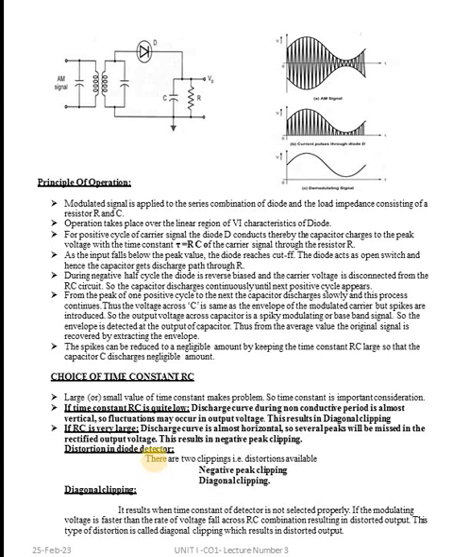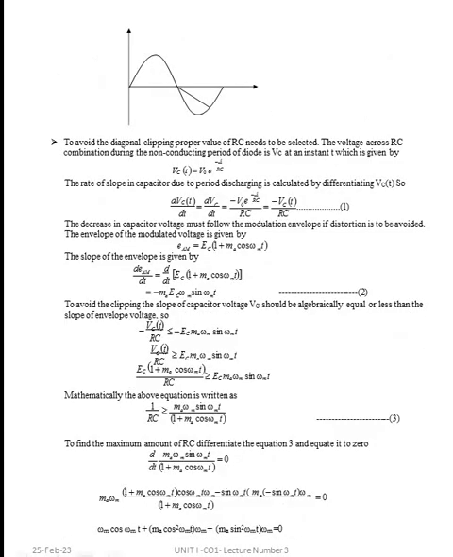This type of distortion is called diagonal clipping. So when we choose a very low RC value, there is a distortion in the diagonal of the signal. To avoid diagonal clipping, a proper RC value has to be selected.